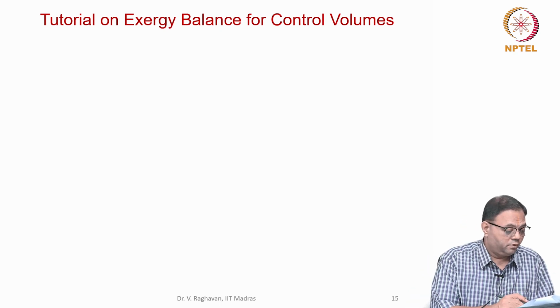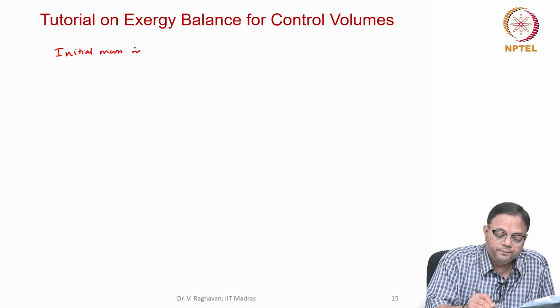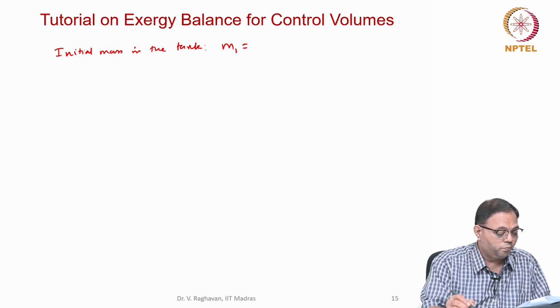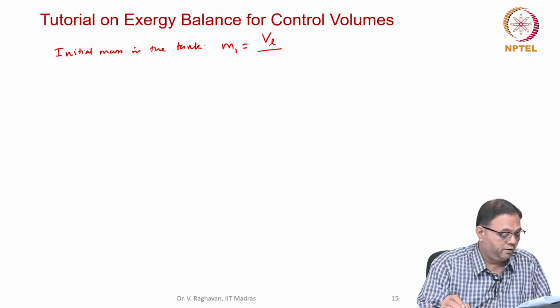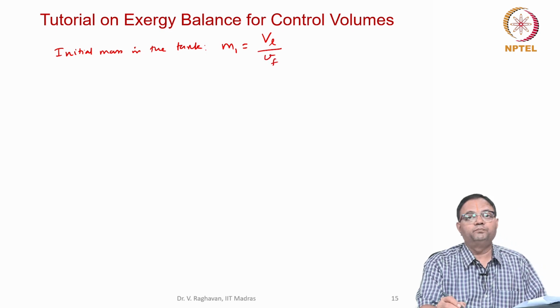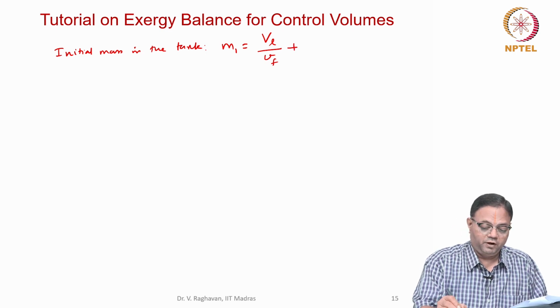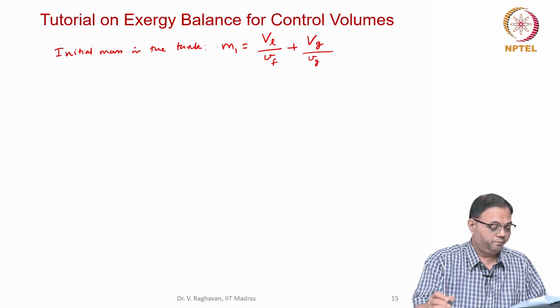Now continuing with the solution, initial mass in the tank. Initial mass in the tank, M1, will be equal to the volume occupied by the liquid divided by Vf, that is the specific volume of the liquid at the given pressure of 1 megapascal, plus the volume occupied by the gas or vapor divided by Vg.